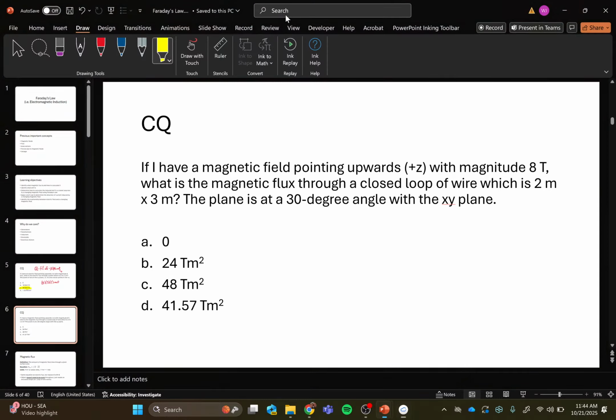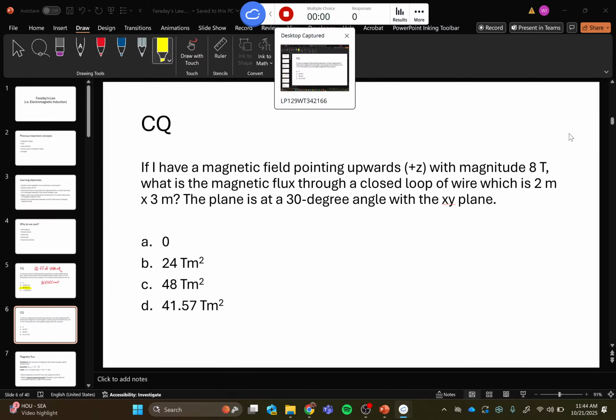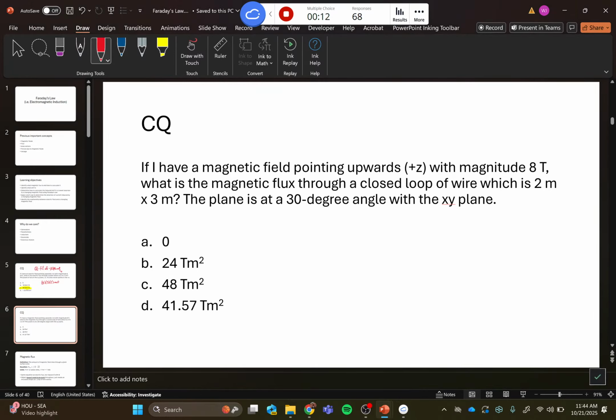The only thing that changed in this problem was E turned to B, and now there's an angle. So you just need to find that angle in that equation. It's the exact same equation with a B instead of an E.